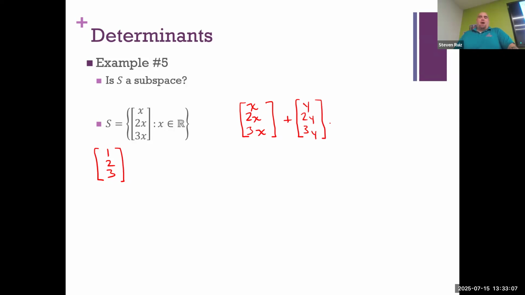So first of all, do you agree that y, 2y, 3y is in this space? So even though I'm calling that variable something different, I'm still doubling it and tripling it and scaling the components like that. If I add these together, what do I get? x plus y, 2x plus 2y, 3x plus 3y.